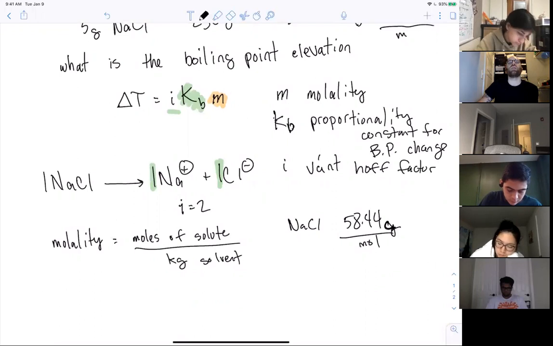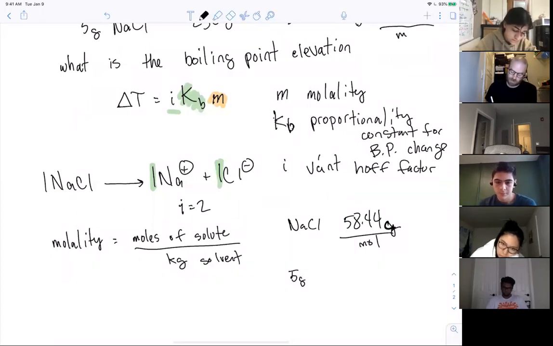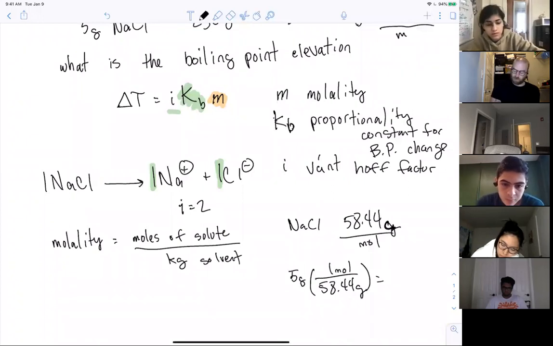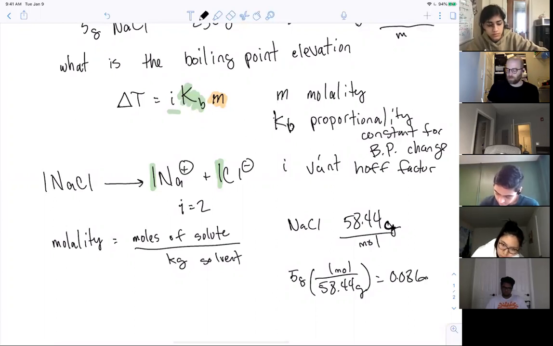And so to calculate the molality, you just want to convert the 5 grams into moles. So let's go ahead and do that. Hopefully that's not super challenging for you. We're just going to divide it by the molecular mass, and we come out with 0.086 moles.